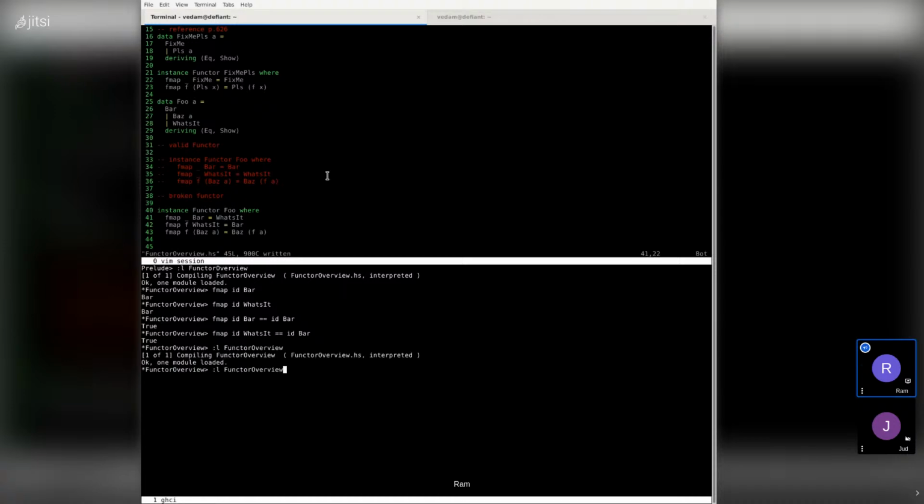Because if we now call id on bar, we get false. If we do id on what's it, we get false. Both are incorrect. The only thing that will work is if we do id on baz1 equals id of baz1.